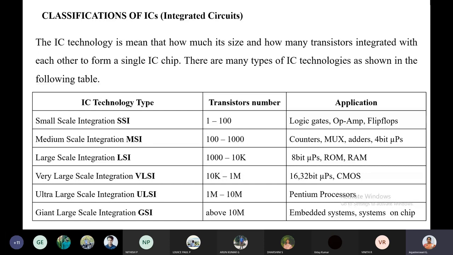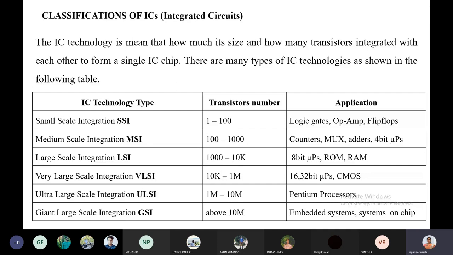Then again, that is also not enough, because advanced technologies keep coming. So they moved into the next technology, that is large scale integration, LSI. In that they tried 1000 to 10,000 components in a single chip. That is what we use in our RAM and ROM in your computer, laptop or mobile, whatever it may be.